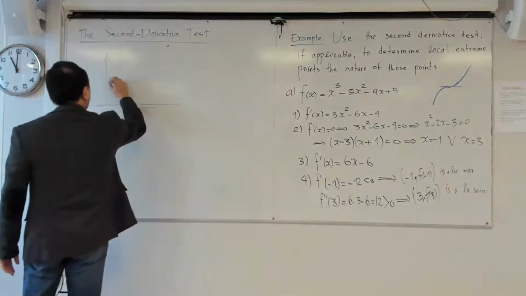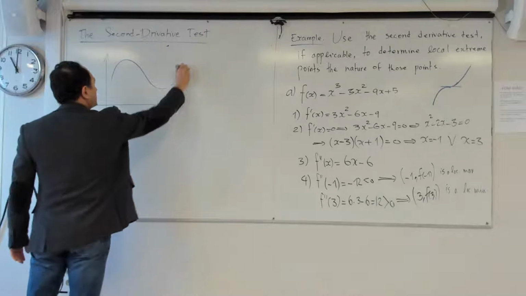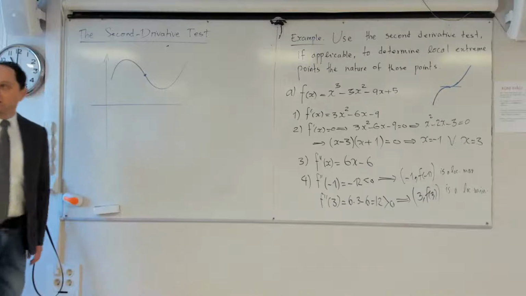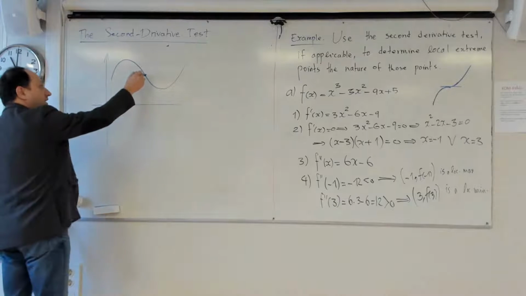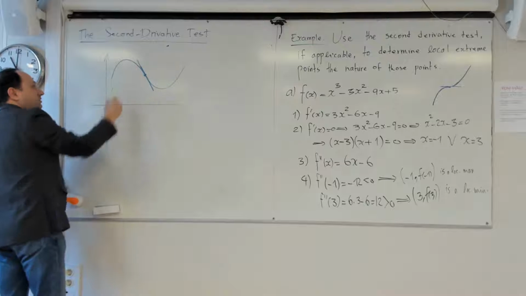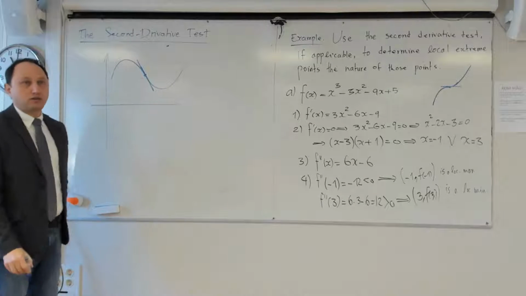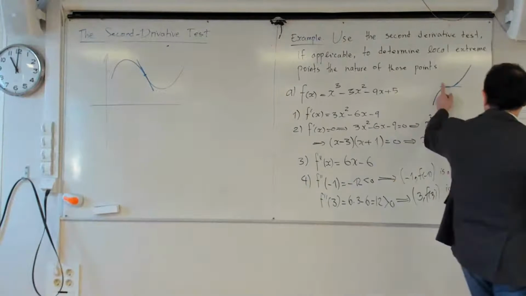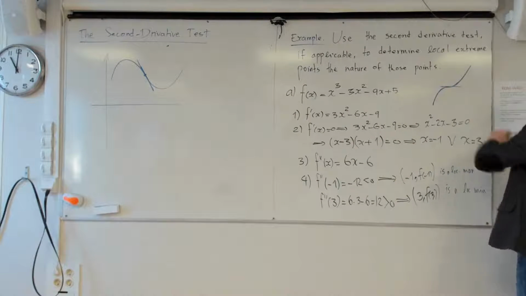But I might have this situation, if I can draw it well. I hope you understand that this is an inflection point. But here, if I draw the tangent, it is not horizontal. Again, you see what is happening. On the left-hand side, the graph is below the tangent line.